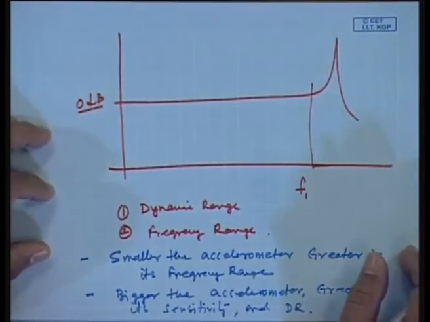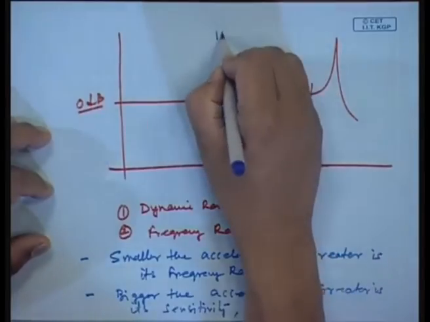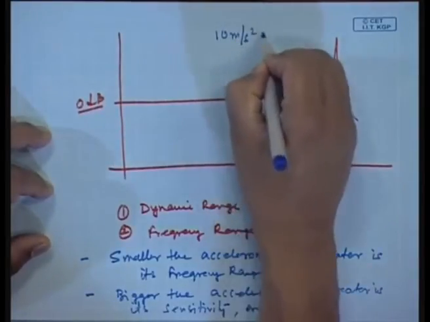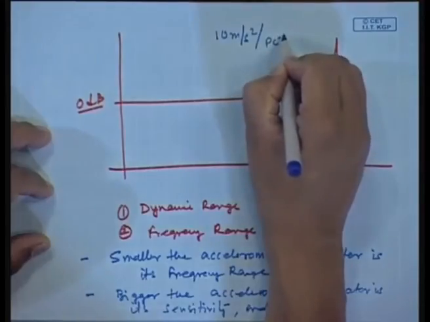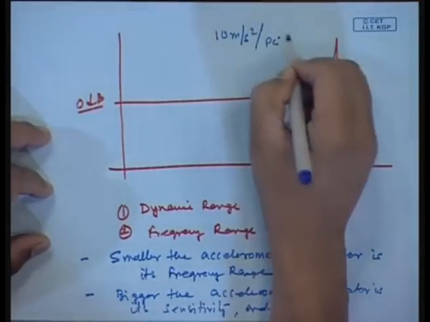Typically, the sensitivity of these accelerometers is maybe 10 meters per second square per picocoulomb. Okay.